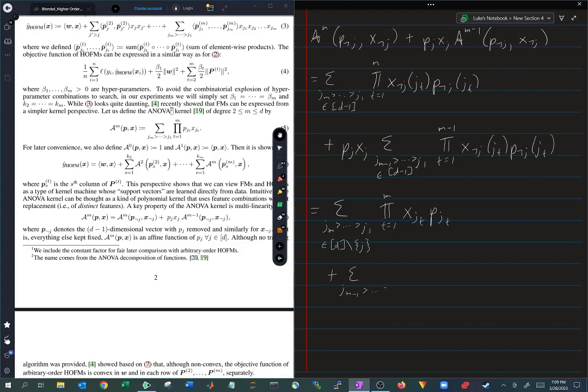Let me write it out first: xj, product from t equals 1 to m minus 1 of xjt, times pj, product t equals 1 to m minus 1 of pjt.